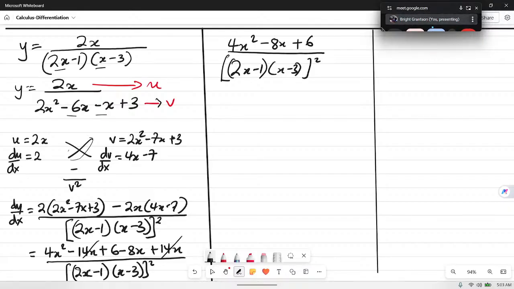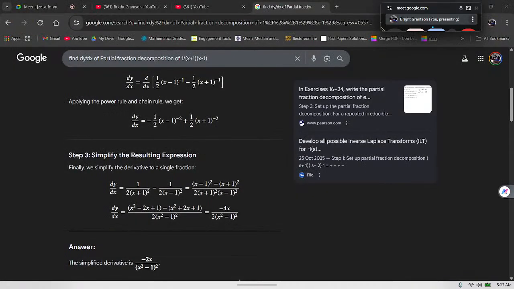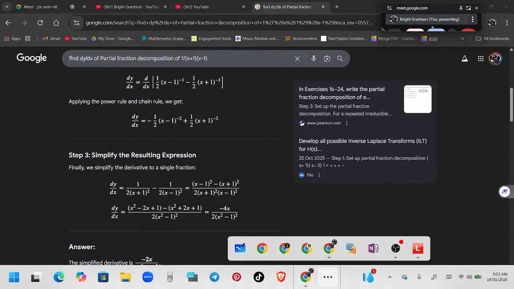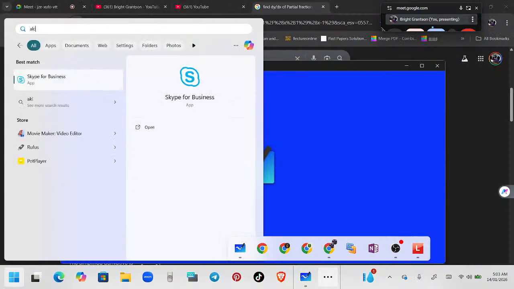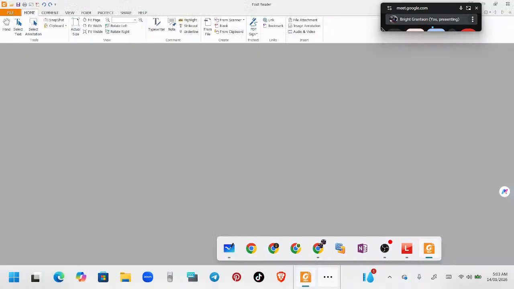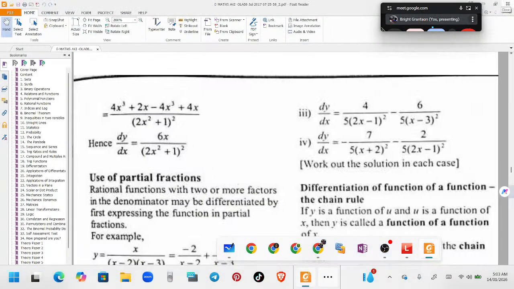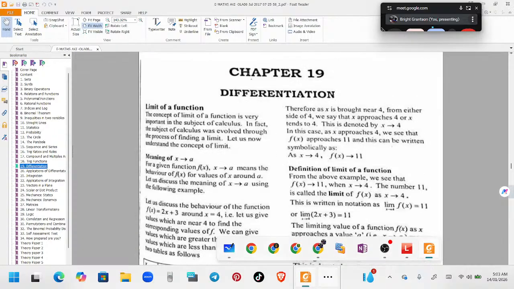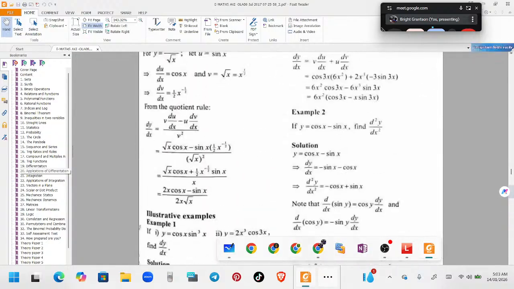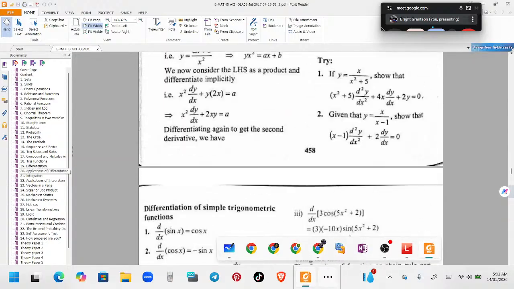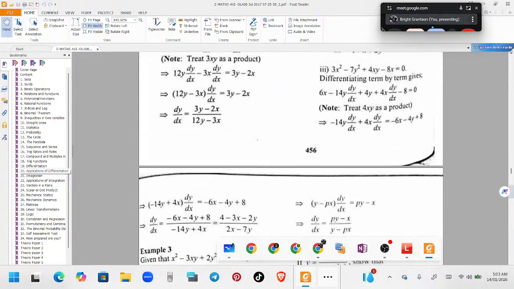Ah, the app. I could close it. You say something.